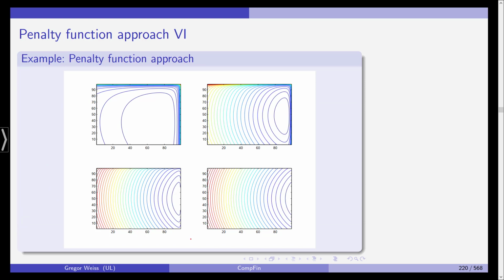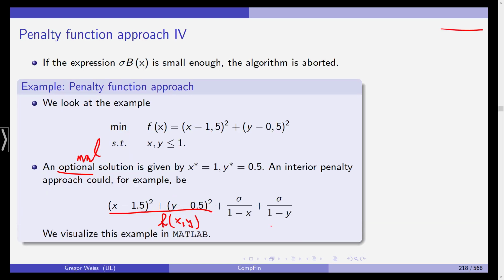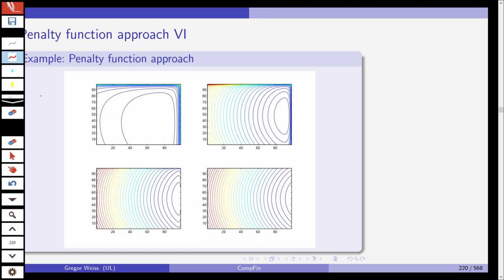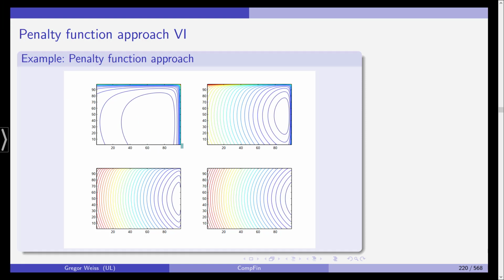And what happens is, remember, that the optimal point is 1, 0.5. It's here, here, here, and here. And we're moving in this direction.